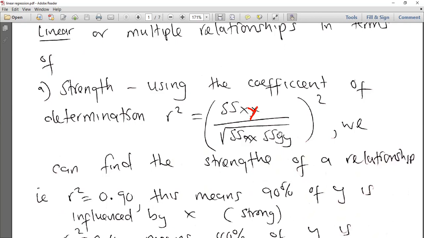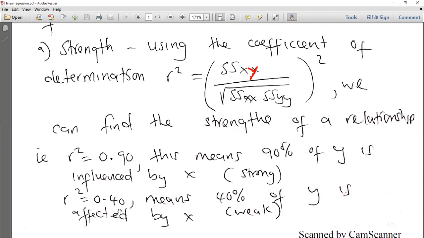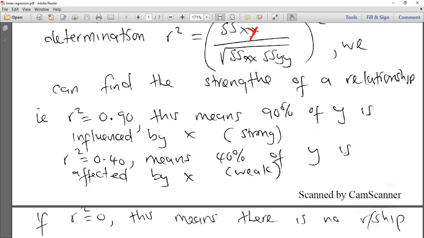So in the event that you're given r squared as 0.9, this means that 90% of y is influenced by x. The variation in y, 90% of it emanates from x. If R squared is 0.40, just multiply by 100. This means that 40% of the variation in y is as a result of x.